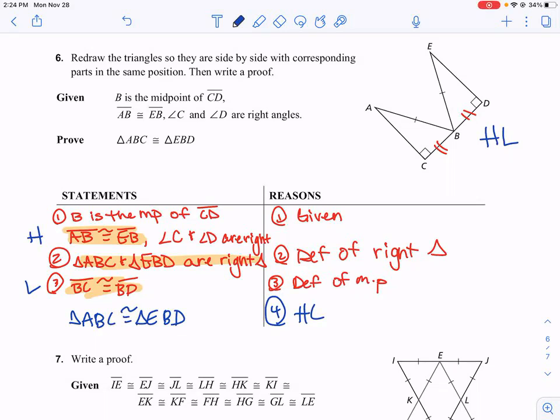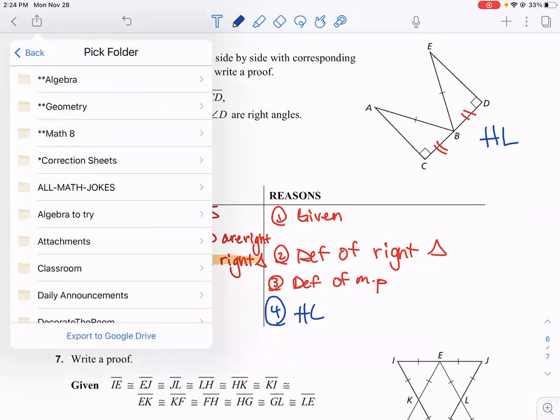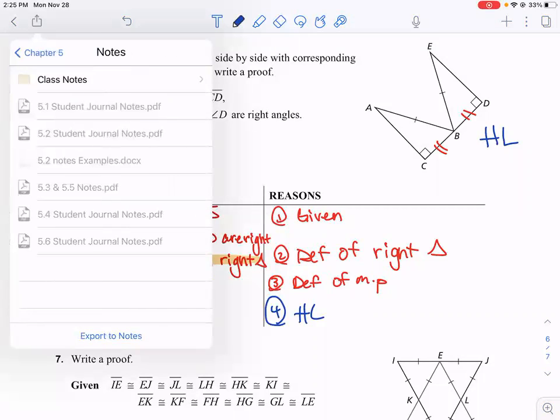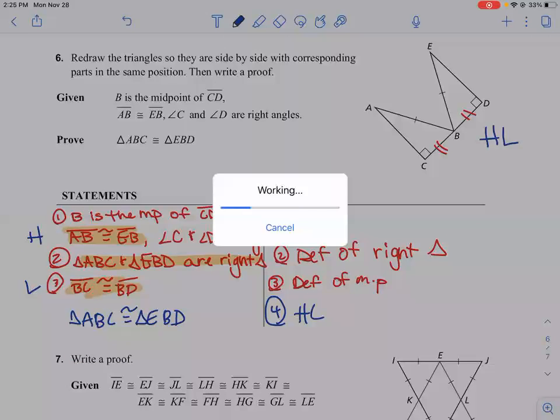You don't need homework? That's false. Buddy. Yep. Can I please?